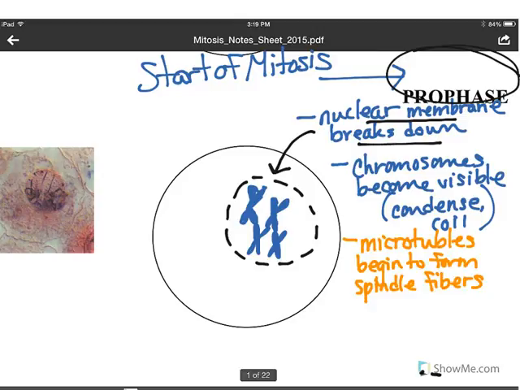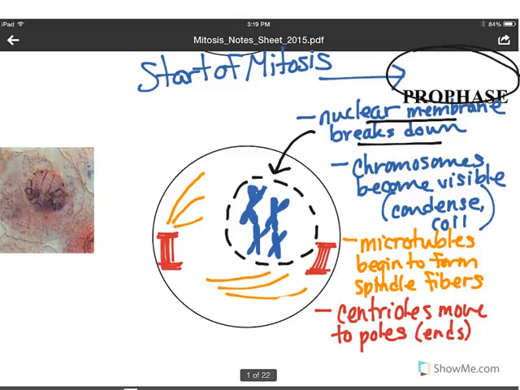Another thing that starts to happen is your microtubules begin to form these spindle fibers. So we start getting these spindle fibers that start to develop just during prophase. The next thing that happens is centrioles, which are these red structures, start to position themselves at the poles of the cell, or they move towards the ends of the cell.